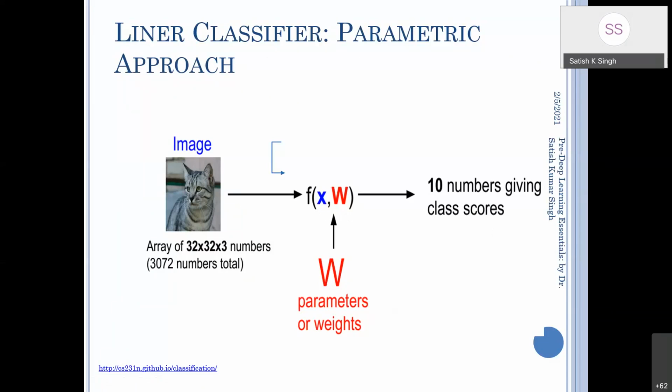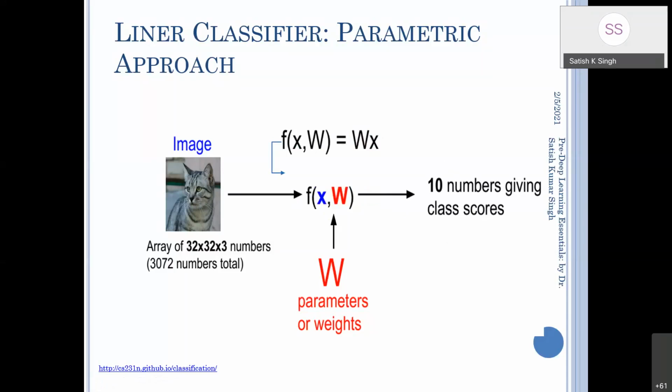W may have any kind of distribution. X may also have some sort of distribution. So f depends upon x and w, meaning a functional representation. And ultimately 10 classes, or 10 numbers, must be generated at the output side, meaning this f will have those 10 values.